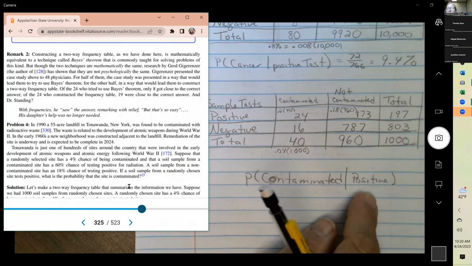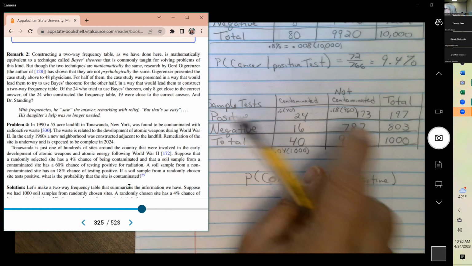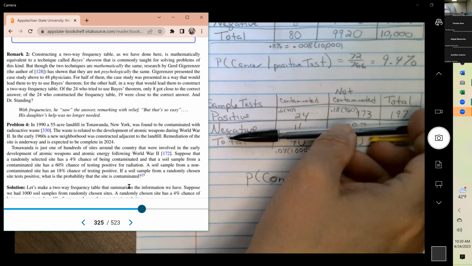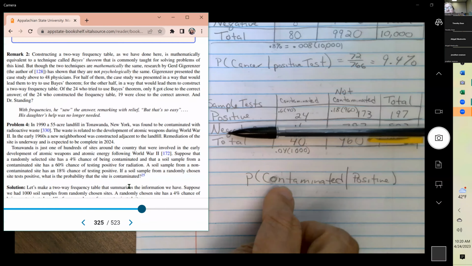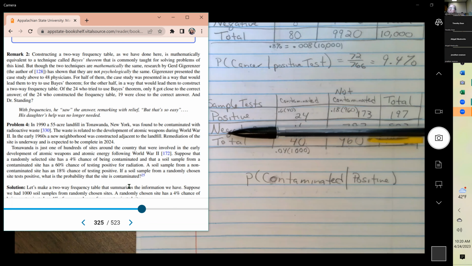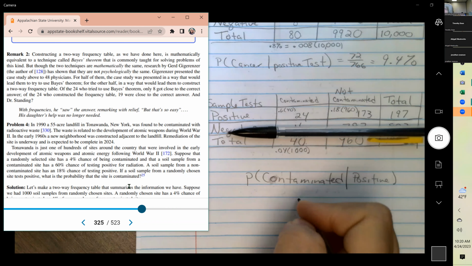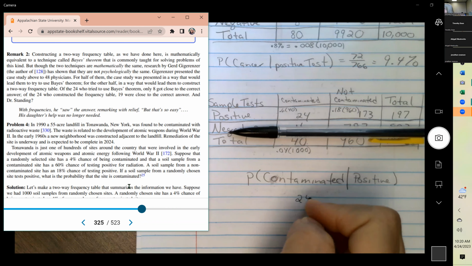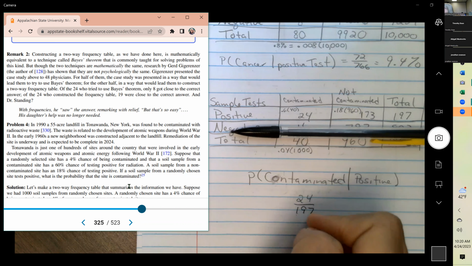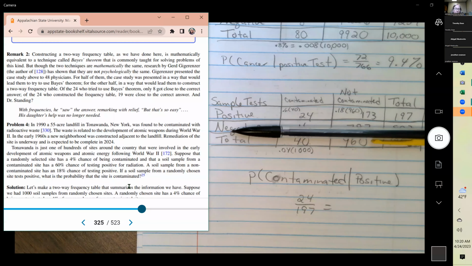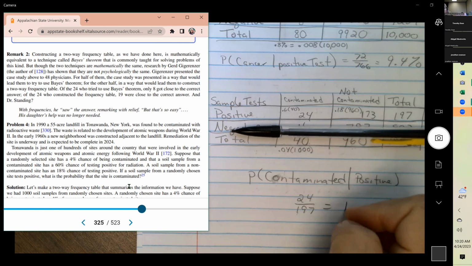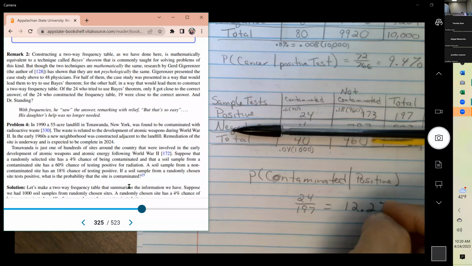So we're given it's positive, so we're only using the row for positive. The probability it's contaminated: 24 out of 197, 12.2%.